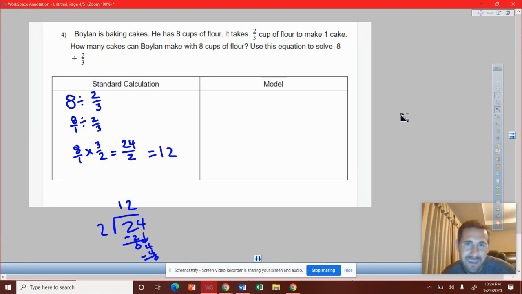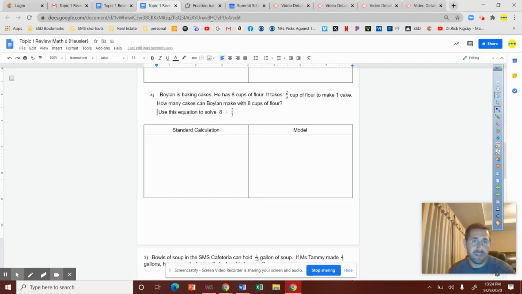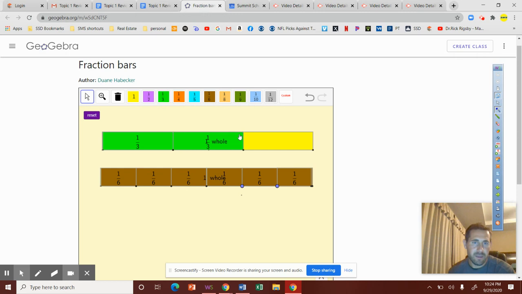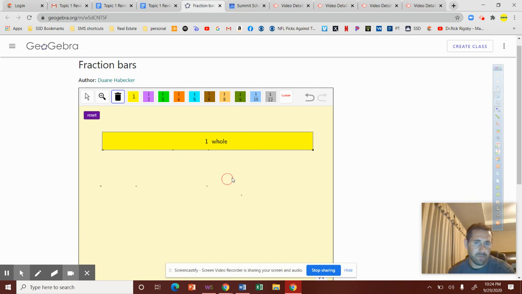So now we've got to make a model. If I use that app that we have, it's going to take a lot to draw in here, but we need 8 holes.